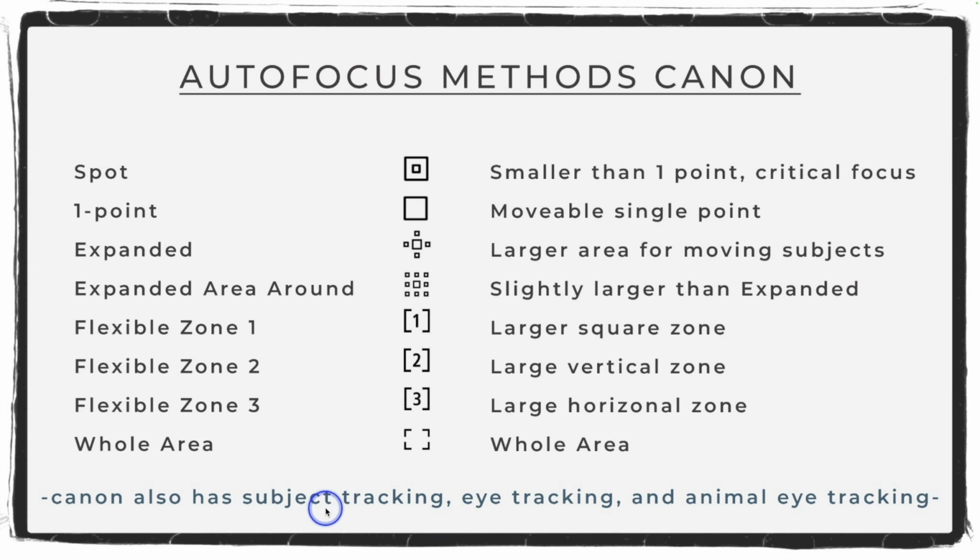So subject tracking, whether it's a person or an animal, and eye tracking for both animals and people, okay? That is a different area, and that's different than this, but sometimes you need to set up maybe the whole area, and once the whole area is set up, then you apply eye tracking for a human or an animal, depending on what you want to do.